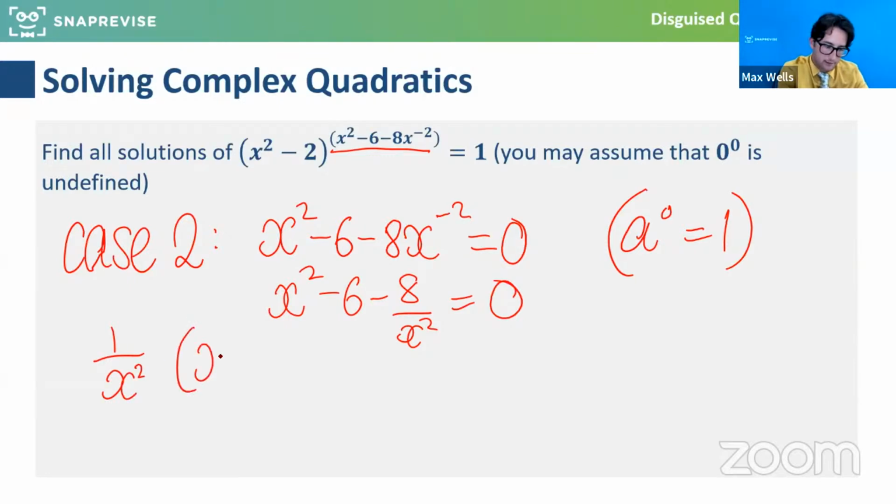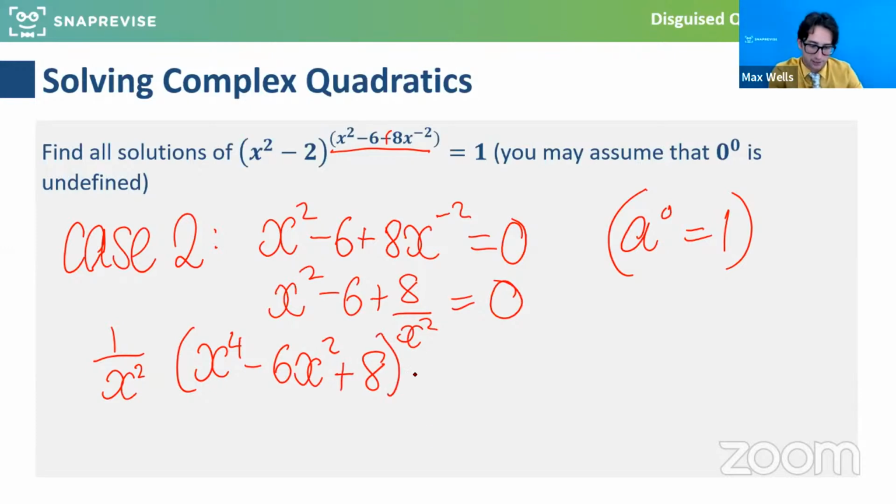And then we've got x to the 4 minus 6x squared minus 8. Oh, I've just looked at the question. I think there was a mistake in the original question. I think it should have been a plus. Sorry, I don't like doing that, but I want to make sure this actually works.